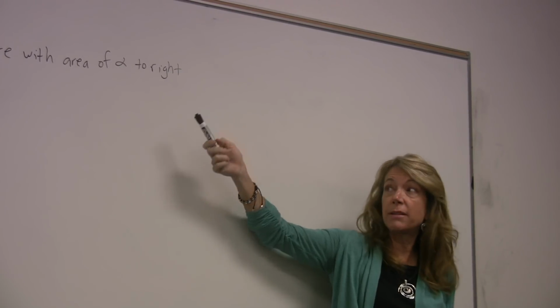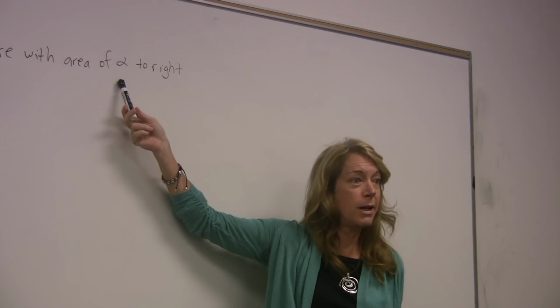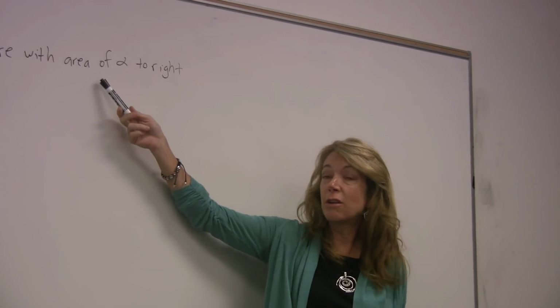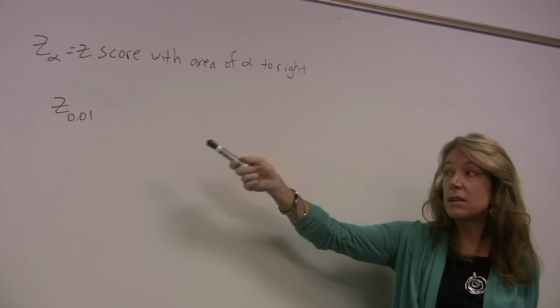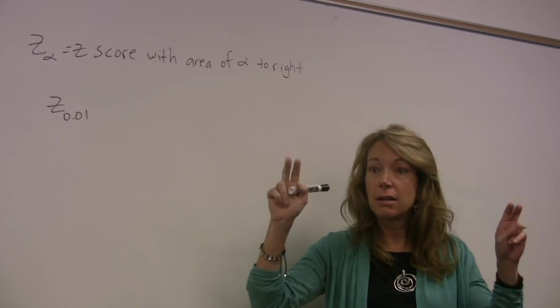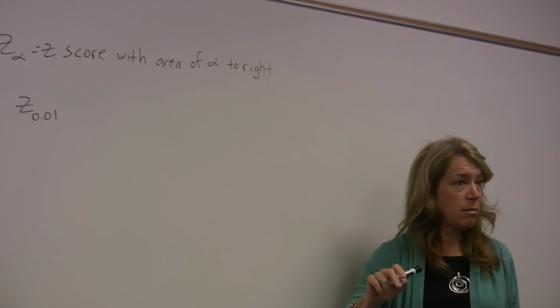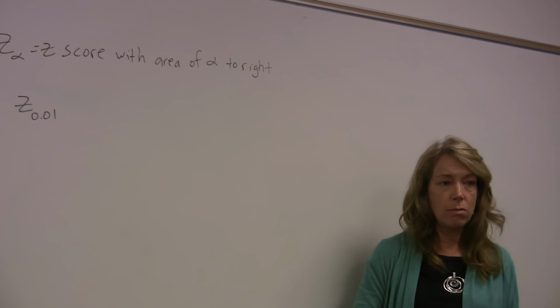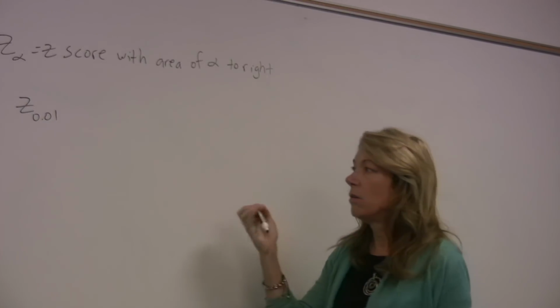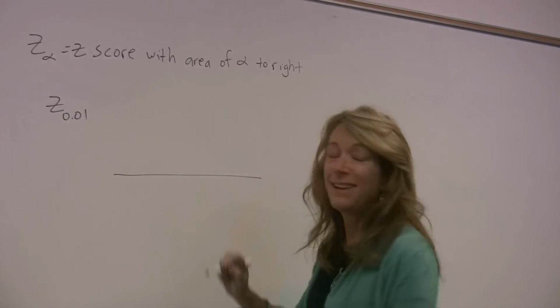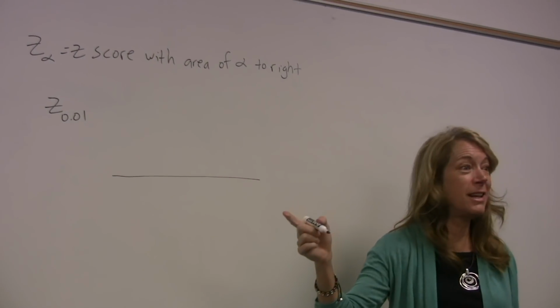So Kirsty just replaced the word alpha with the 0.01. She says find the z-score with an area of 0.01 to the right, because the number down here is the alpha. It's basically just shorthand for what we just did.